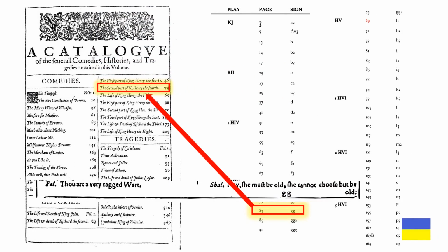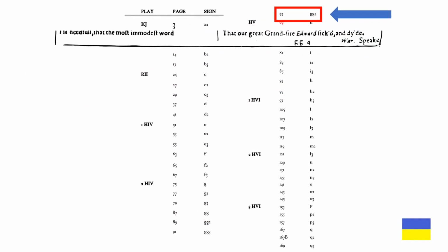The quaternion is located in the second part of Henry IV at the signature mark of GG on page 87. The last section of the quaternion is on page 93 with signature mark GG4.